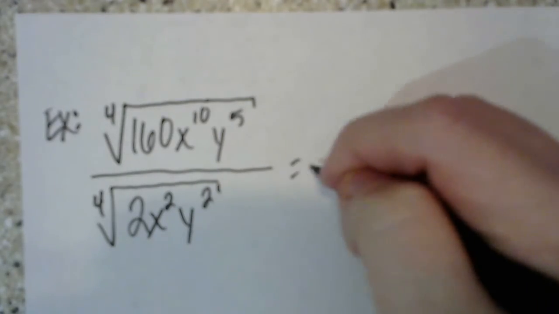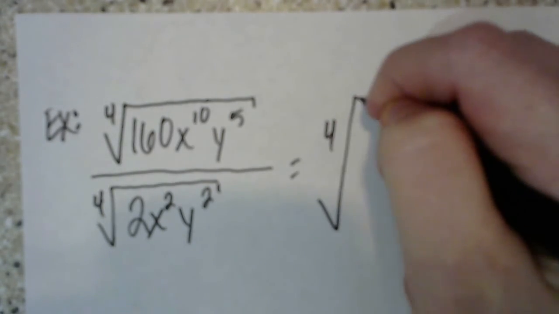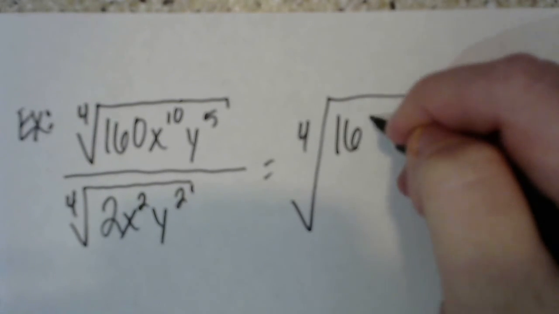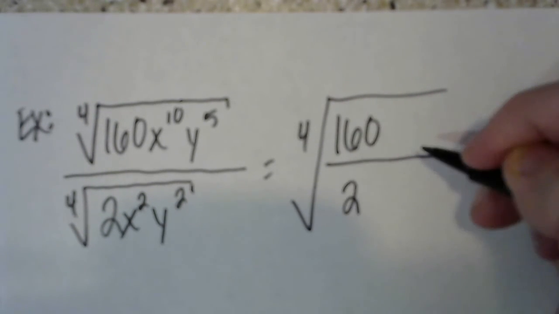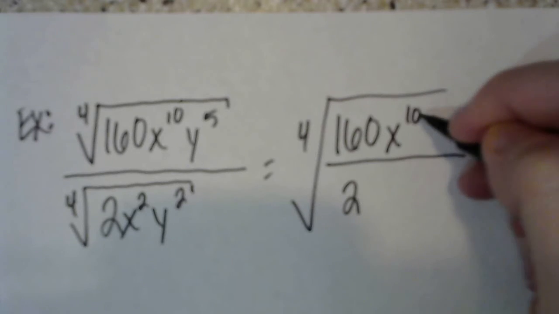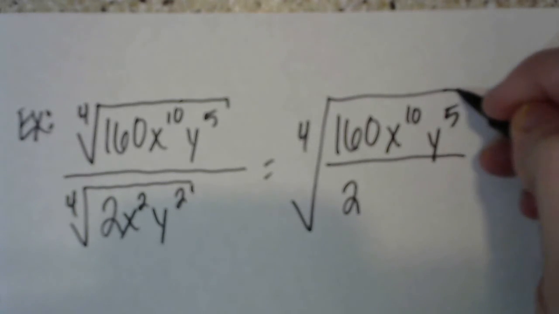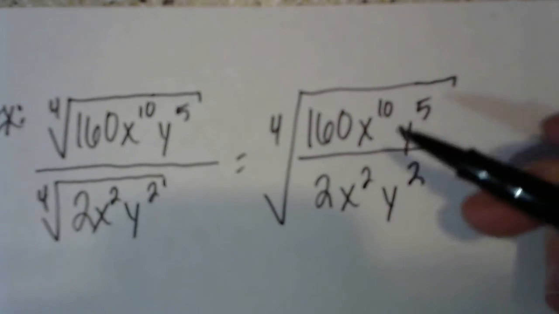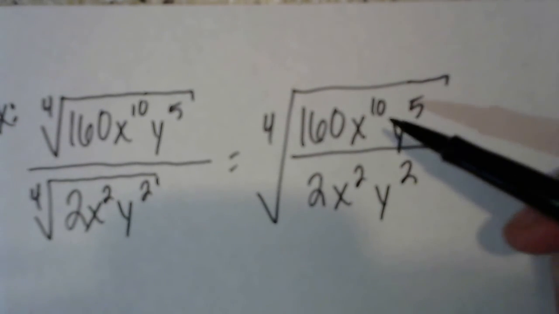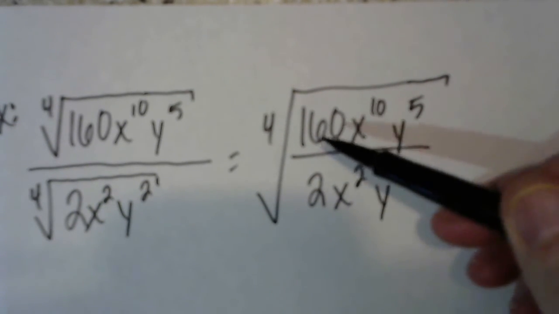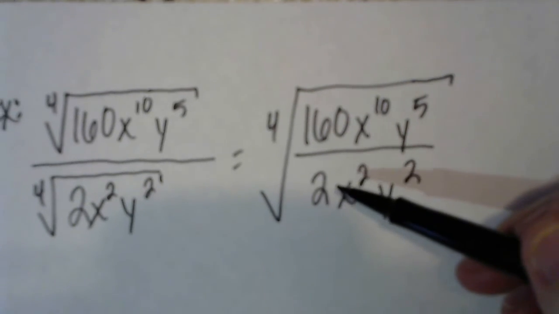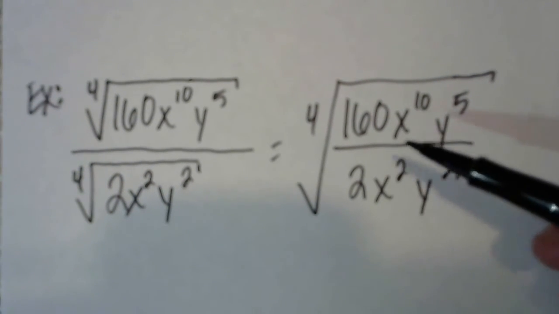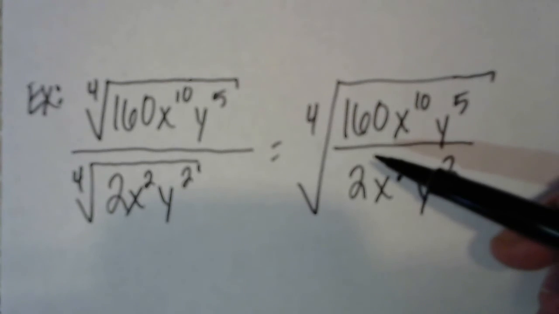Hopefully you can see that this is going to be another problem that's best to look at as one whole fraction under the radical, because I can subtract these exponents and I can divide here. So this is another example of a problem that's better to work out with the whole fraction under the radical.